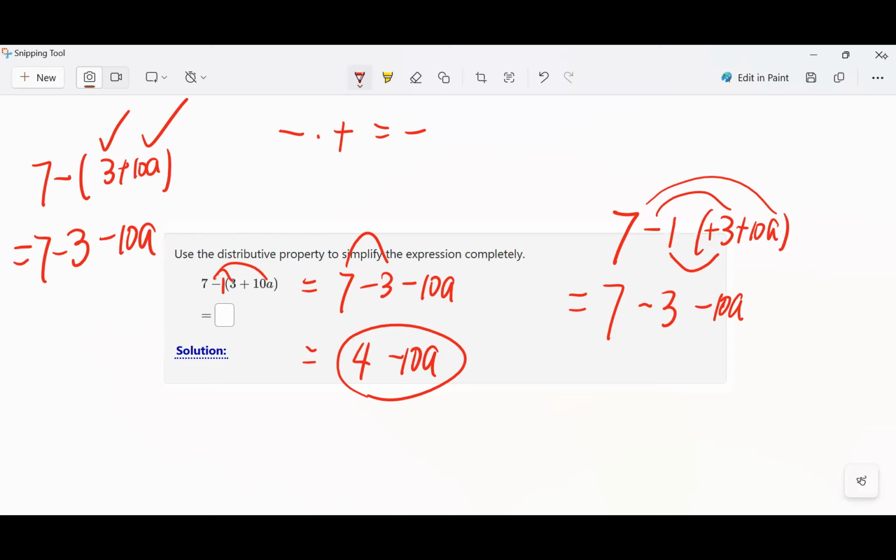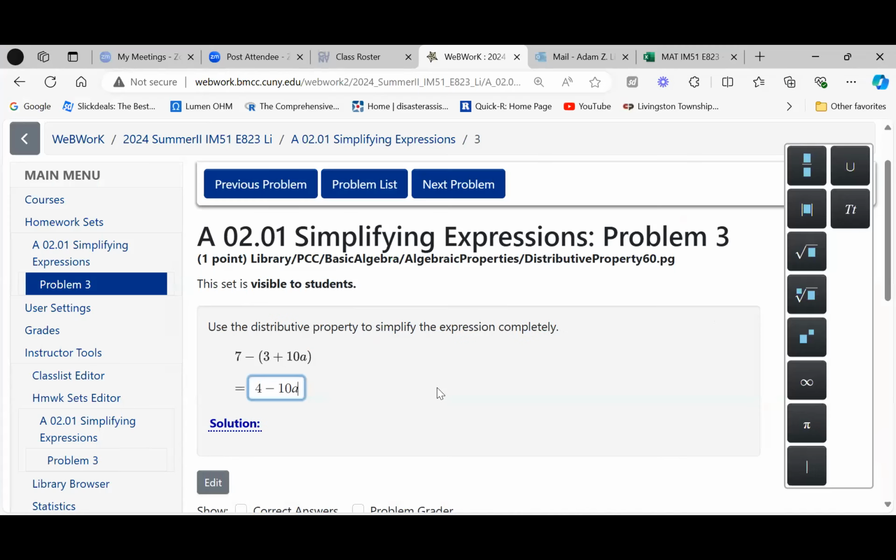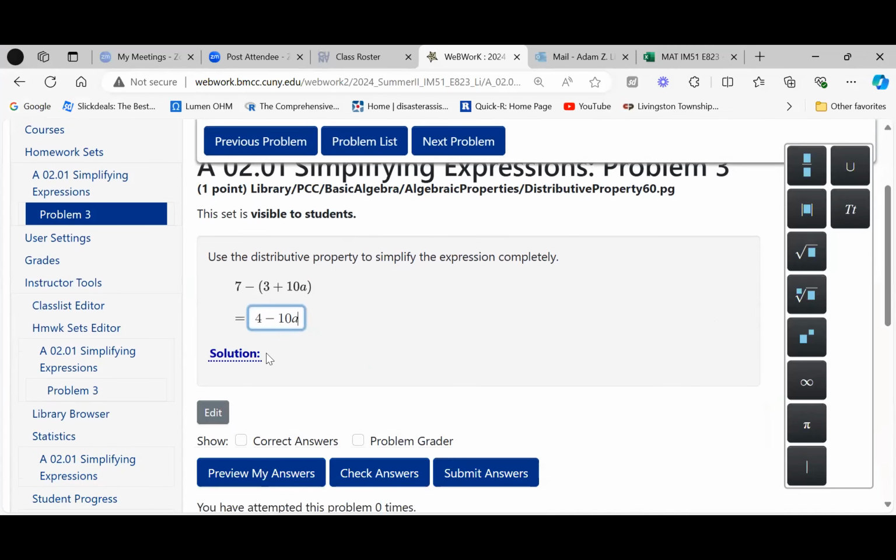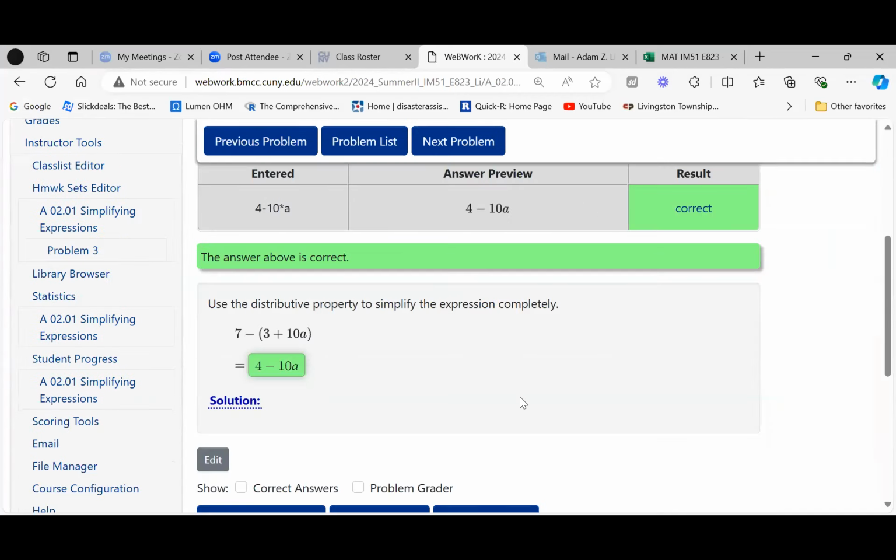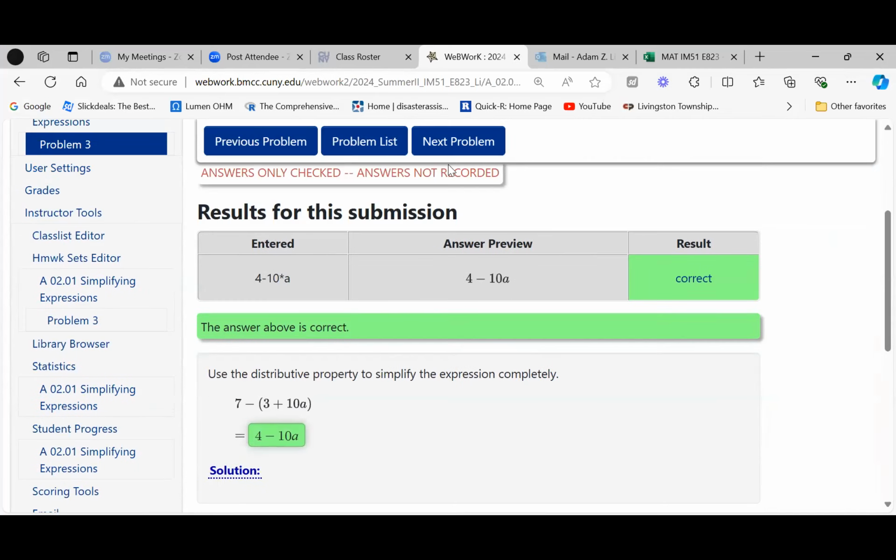Anytime you have a negative sign in front of the parentheses, you turn every single term inside to the opposite term. After that, you can just combine numbers, and unlike terms you leave as is. This is a very good question, and a lot of students have issues with this, but hopefully you guys don't. So 4 minus 10a, that's the correct answer.